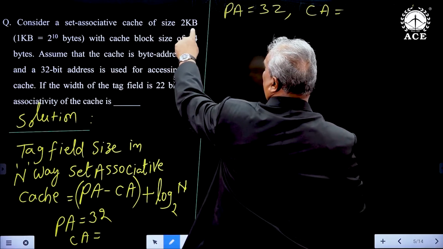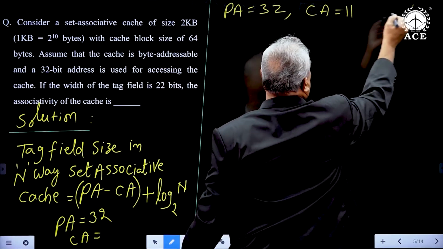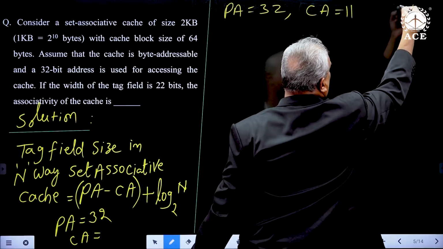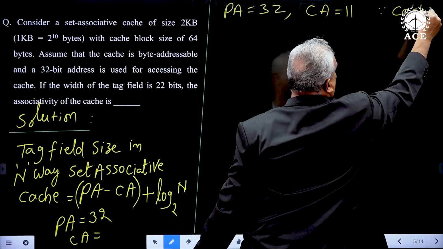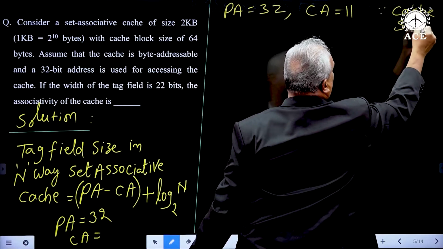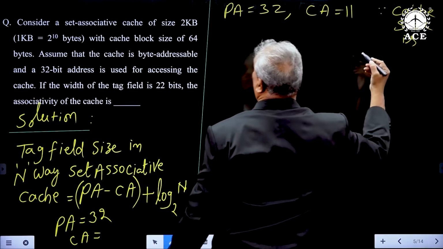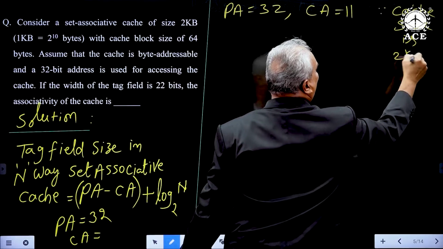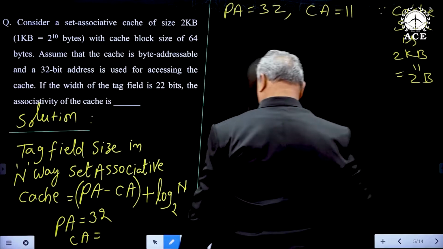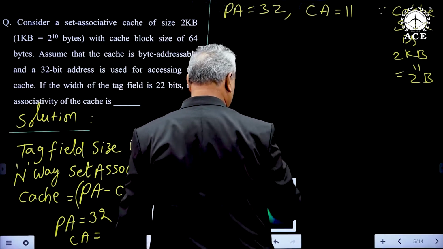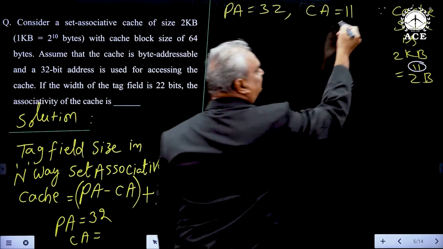Since cache size is 2 KB, CA is equal to 11. Why? Because cache size is 2 KB, that is 2 power 11 bytes. So 11 is nothing but CA.